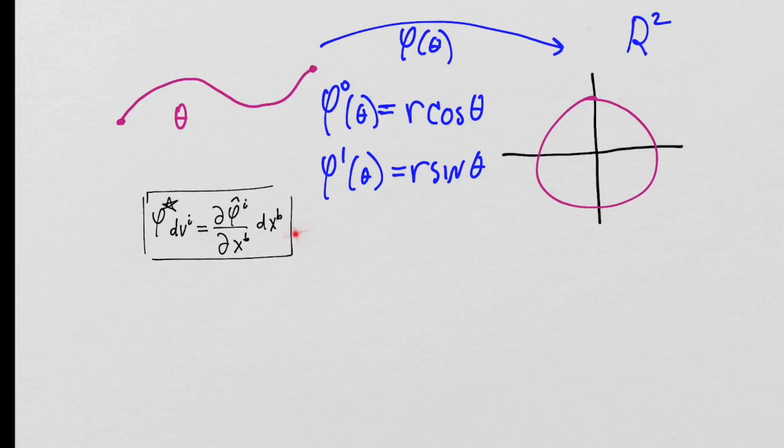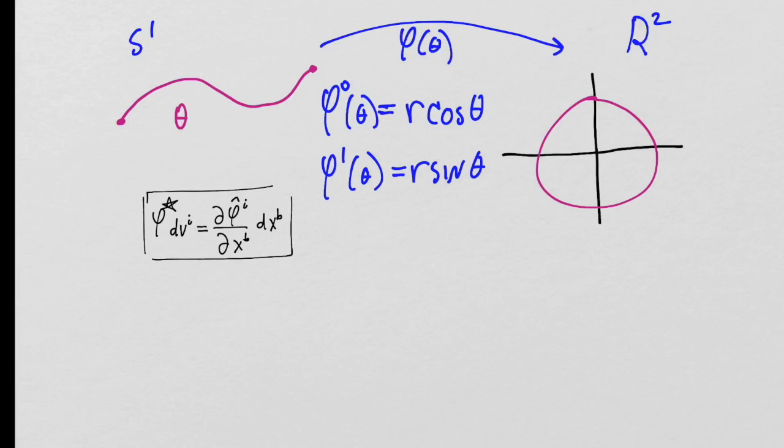And then I wrote down this to remind us how to calculate the appropriate metric, the appropriate basis vectors for covector fields over here. In other words, if we have a covector field in R2, I can pull it back using the pullback into S1, right?